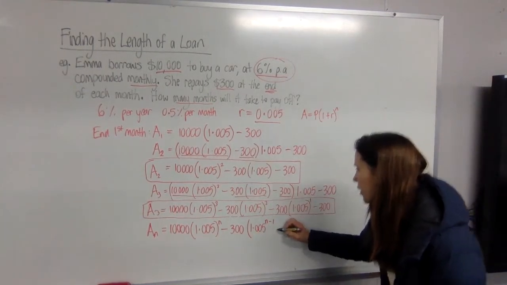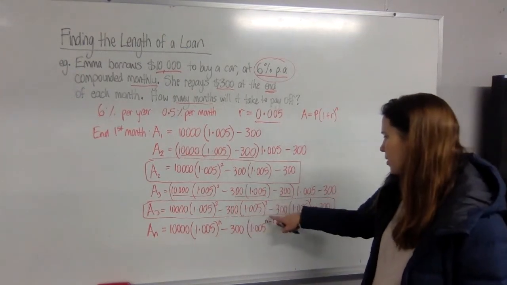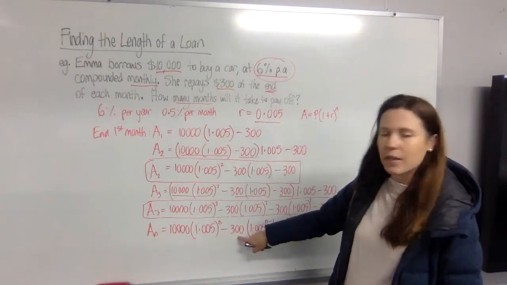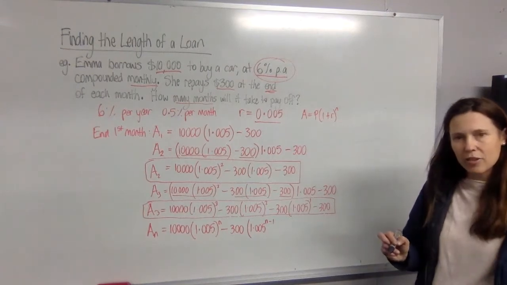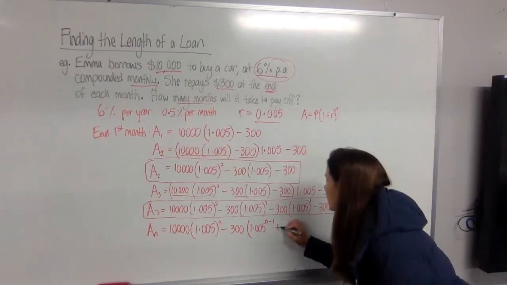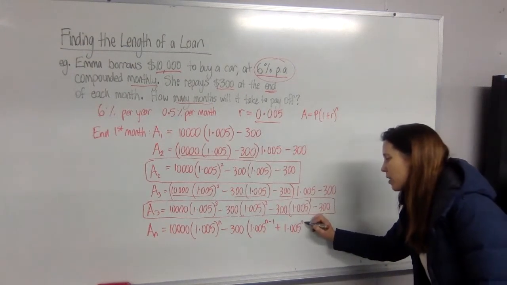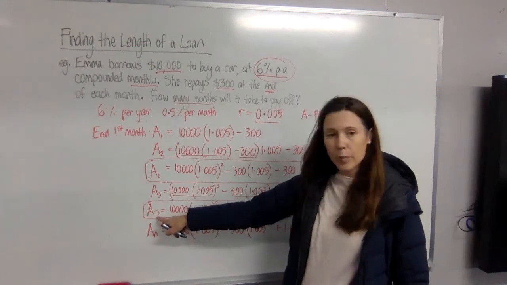So next, now what sign goes here? We have minus 300 lots of this, minus 300 lots of that, minus 300. I've brought the minus 300 out the front of the brackets. So what goes in the brackets is actually plus. I need to add 1.005 to the power of n minus 2, a number that's 2 smaller than the number at the beginning.